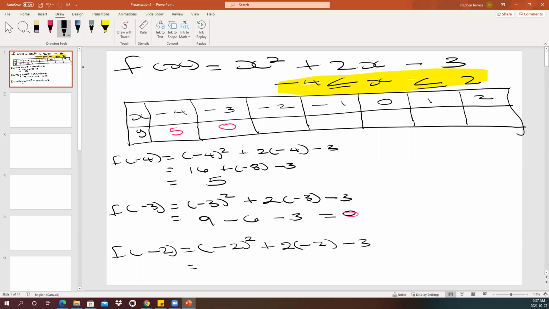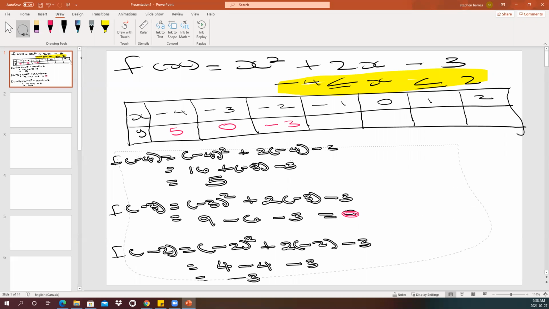Negative 2 squared is positive 4. 2 times negative 2 is negative 4, minus 3, right? So you have 4 minus 4 is 0. Minus 3, leave it as minus 3. So we have minus 3 right here. I'm just going to erase this so that I can have space to work the rest.